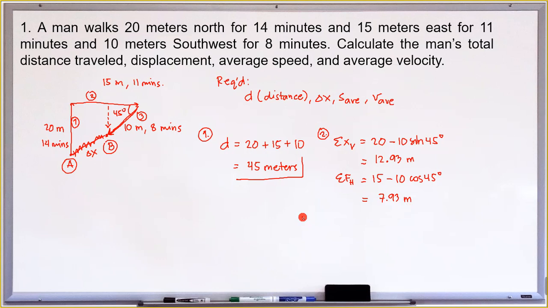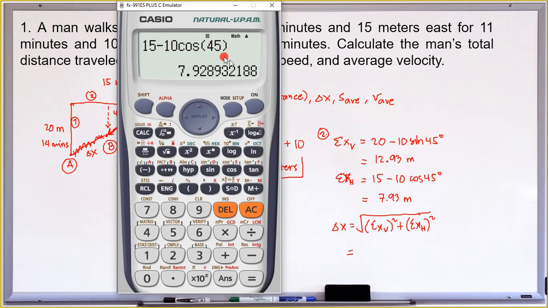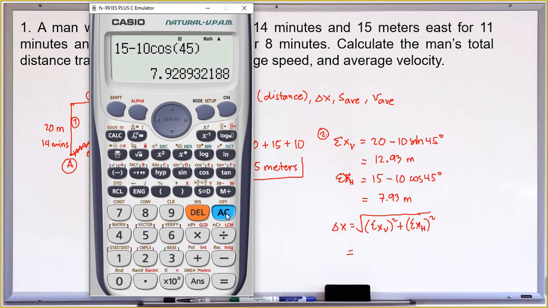So solving for the displacement, delta x is just equal to the square root of the summation of the vertical components squared plus the summation of the horizontal components squared. Okay, so let's solve it.